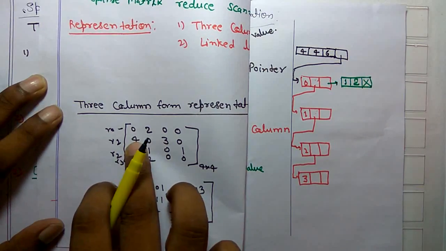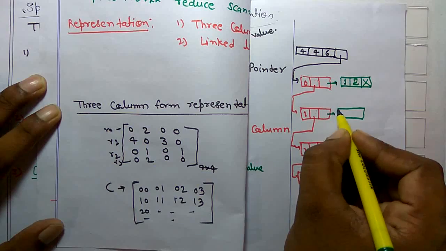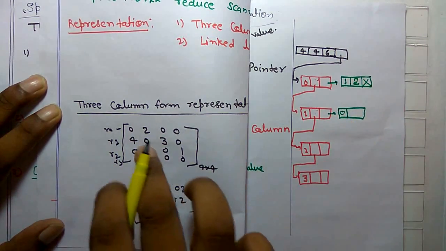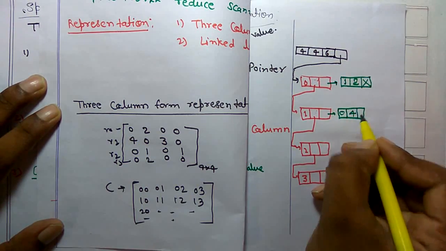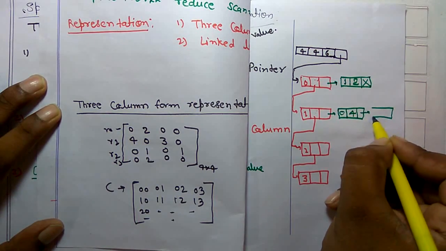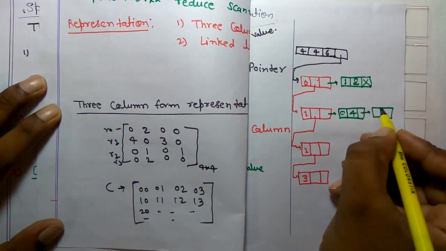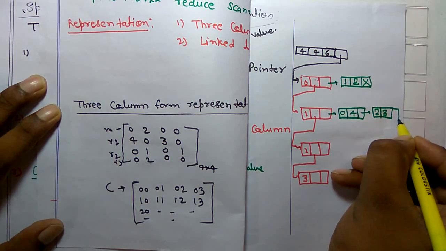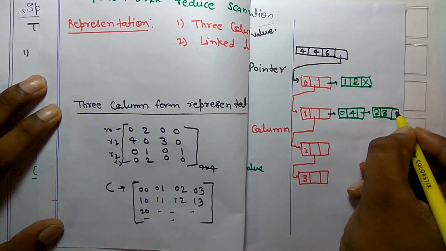Now in row 1, this pointer points to column 0 where the value is 4. Then again it points to the next column, where the column number is 2 and the value is 3, and there is no other value in the same row, so it is null.